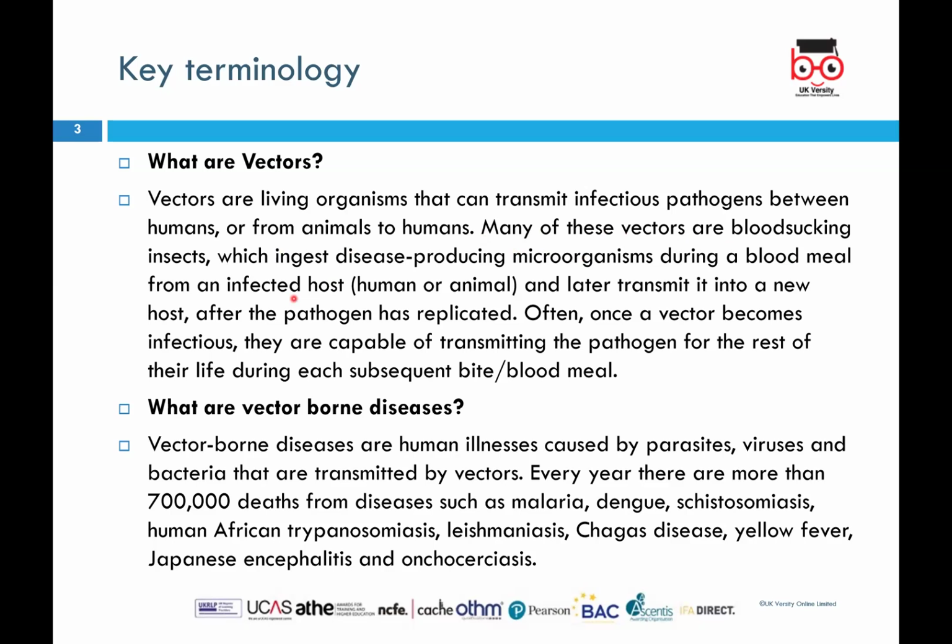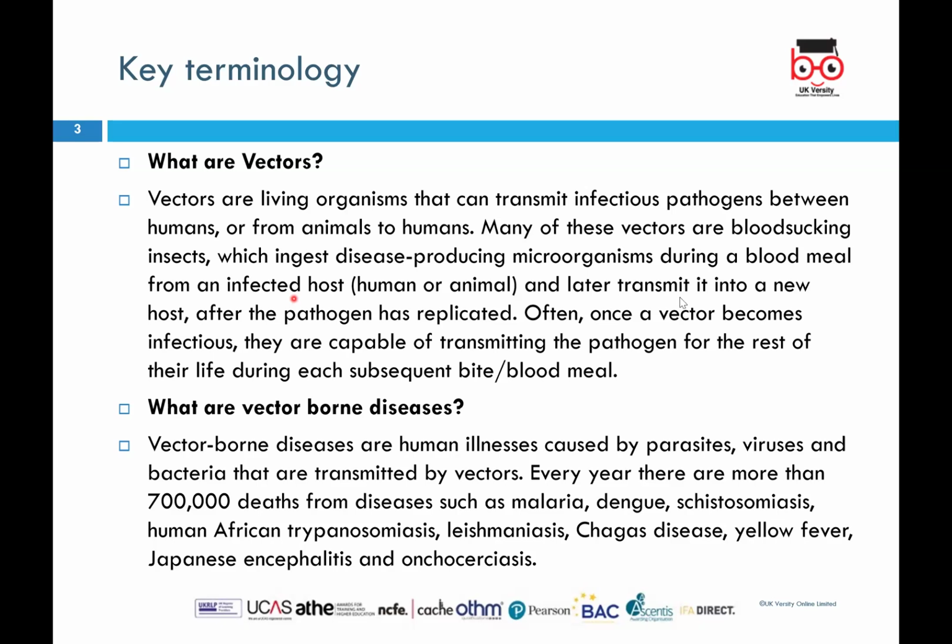But it is only when the mosquito has bitten someone and got that parasite within its blood that it is infectious. Then when it flies to another human being, it can transmit that infection or the parasite to that person once it has replicated.